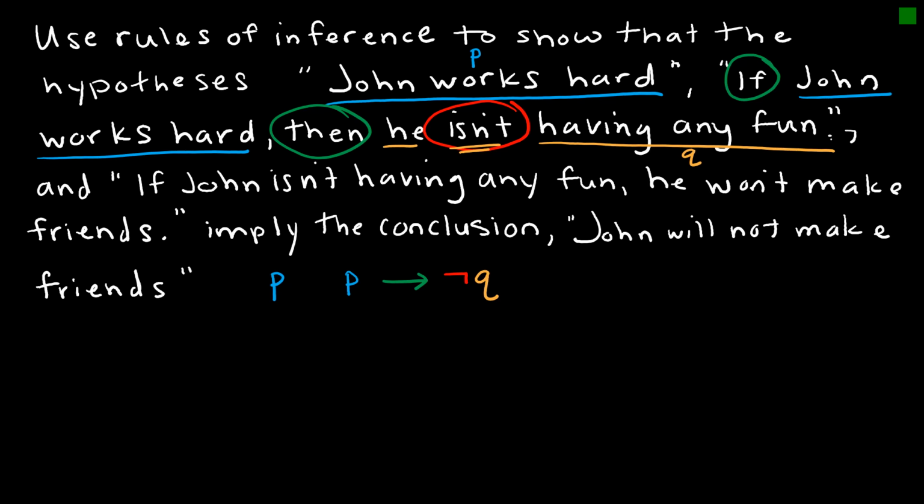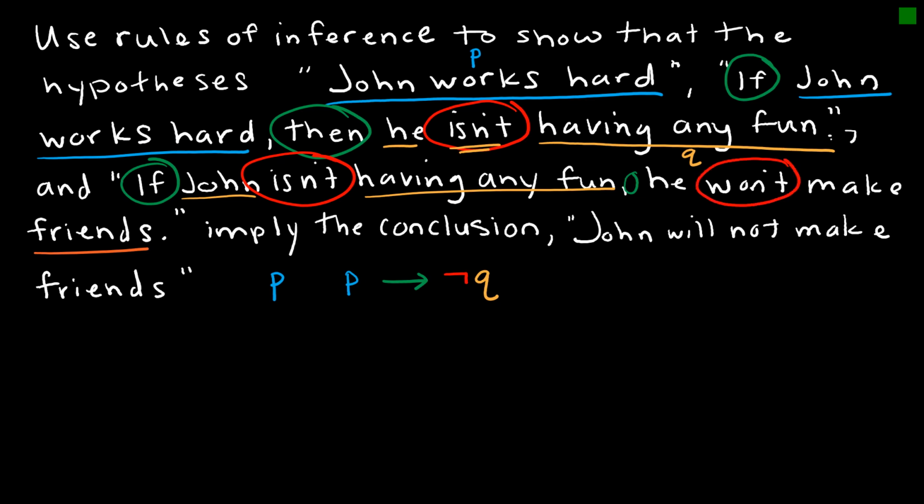Now let's look at the next statement. It says if John isn't having any fun, so John having fun, we still have the isn't, so now we've got the negation, and we still have an if-then, even though there's no "then" here, it's implied. Then we've got this brand new statement, he won't make friends, and again that's a negative, so let me redo that.